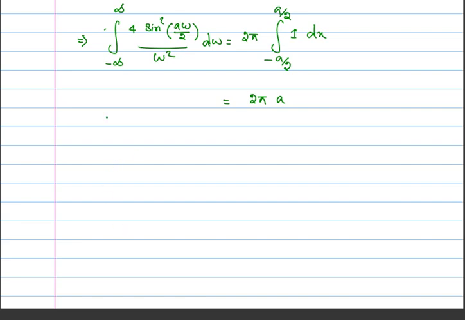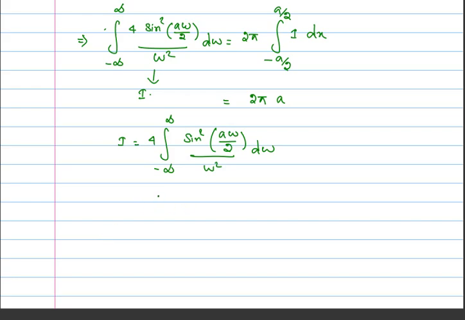So now I take my left hand side as I. So I equals the integral from minus infinity to plus infinity of sin square a omega by 2 divided by omega square times d omega.